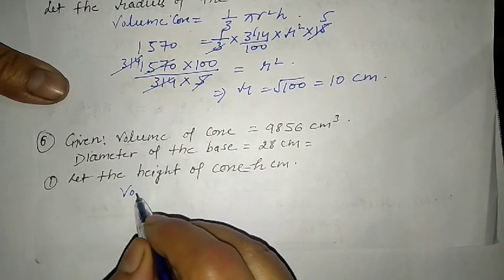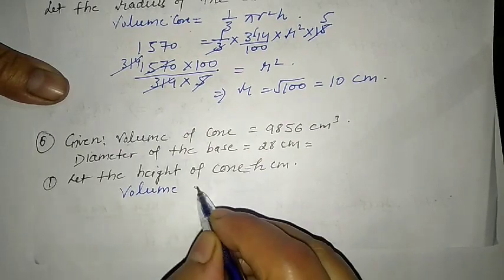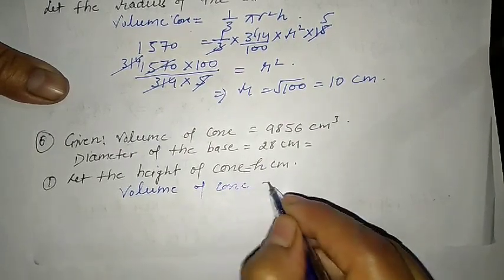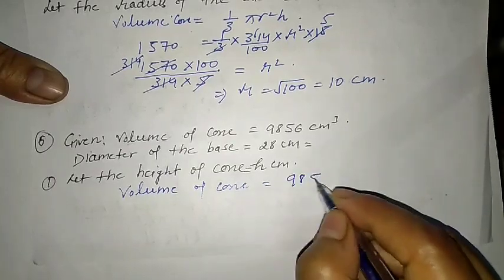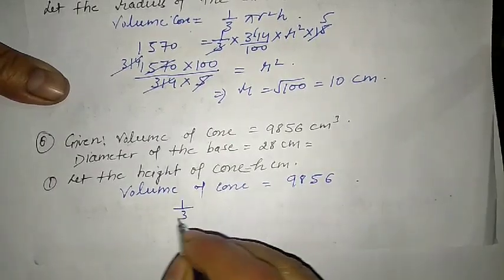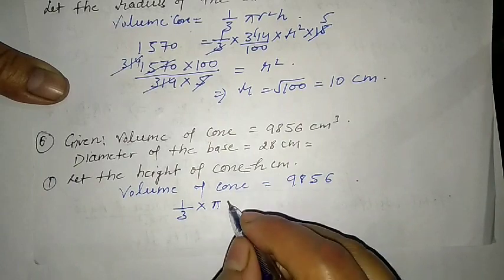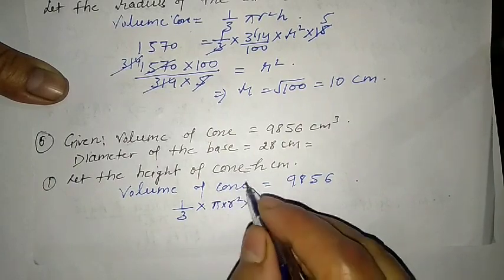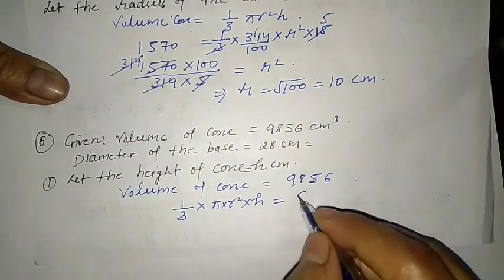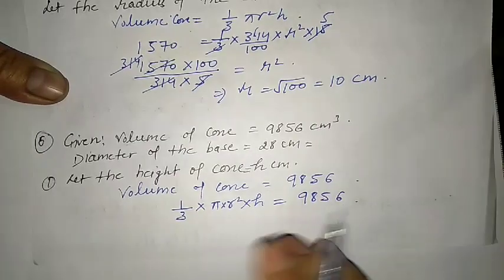So volume of cone is equals 9856. We know the formula, 1 upon 3 pi r square h we having here is equals 9856.